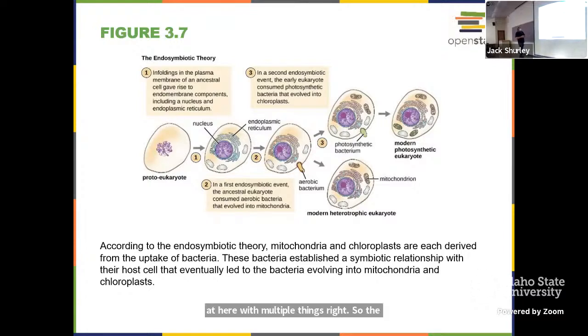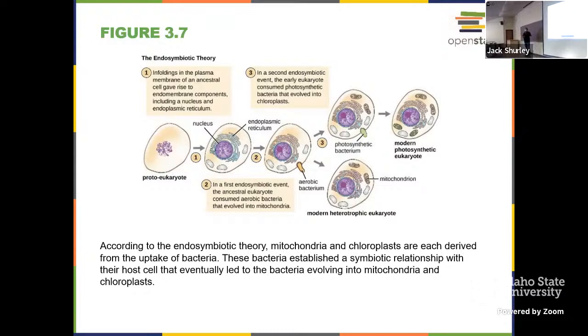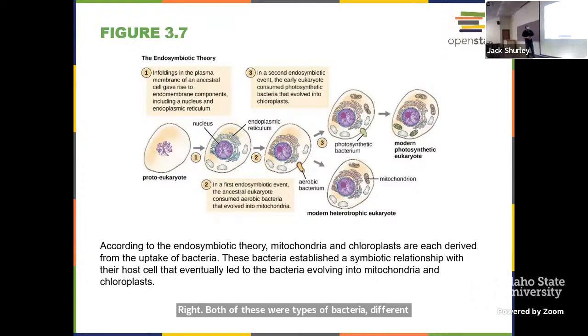So the endosymbiotic theory is an idea, a theory, as far as how mitochondria and chloroplasts came to be inside of eukaryotic cells, right? Both of these were types of bacteria, different bacteria, but types of bacteria, right?